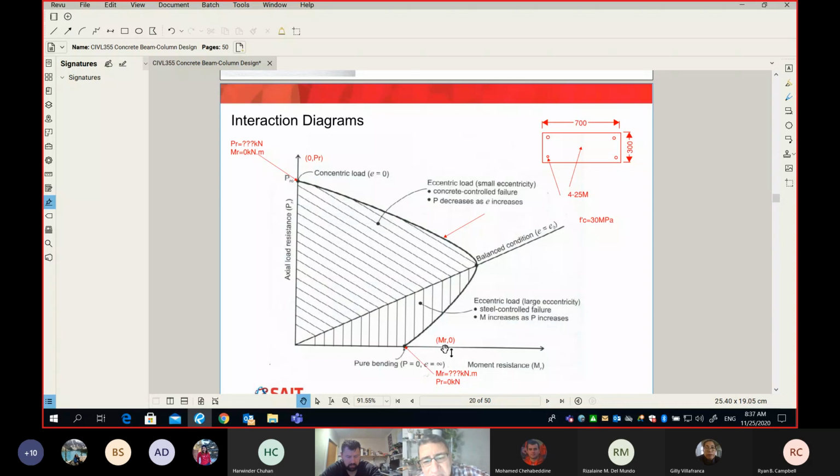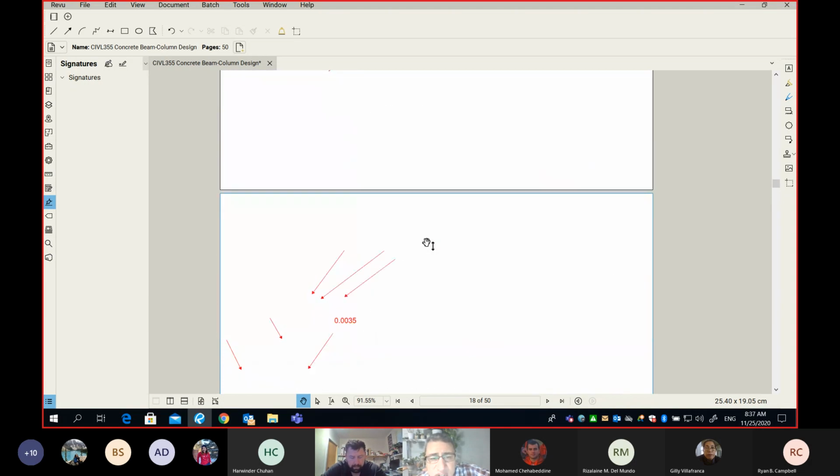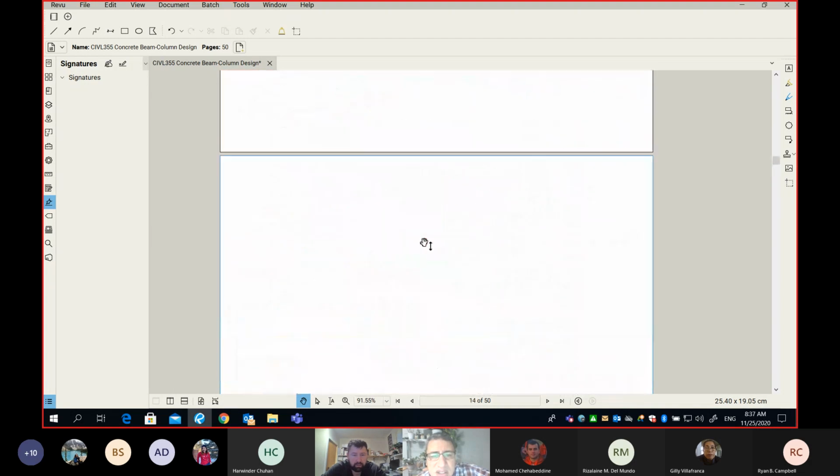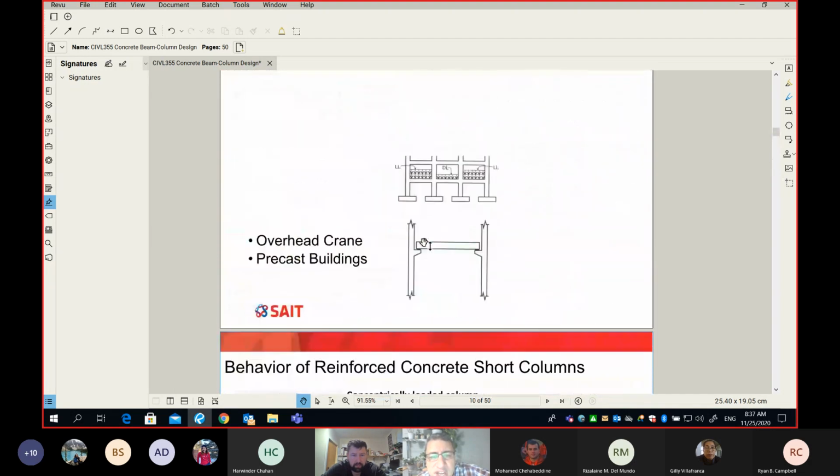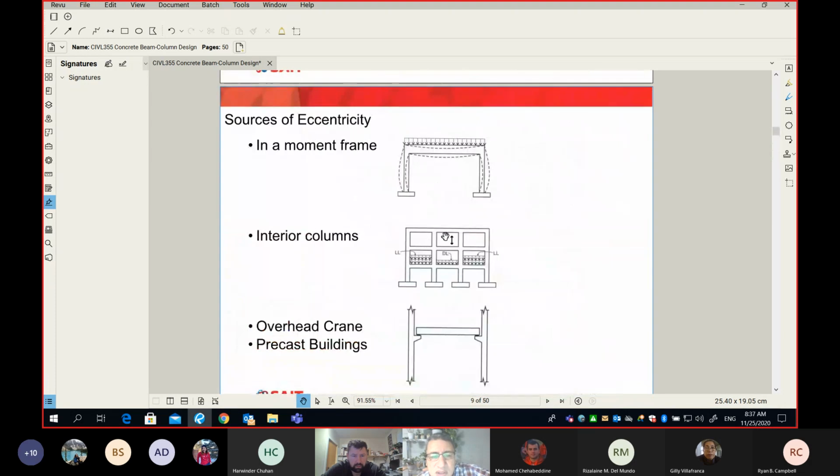However, the reality is, when we apply forces, yes, if it's a beam, then we get a bending moment only, no axial force. And if it's a column, we get axial force only without any bending moment. But I already convinced you in this slide that a centric column is very, very rare and hard to realize. So what is the reality?